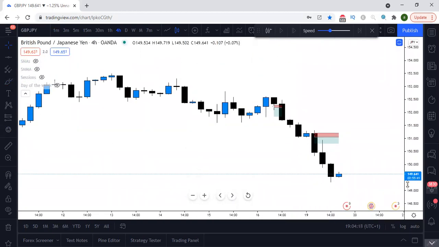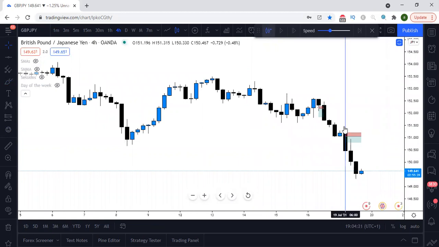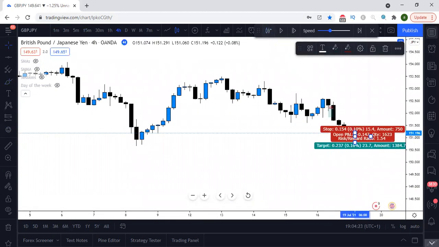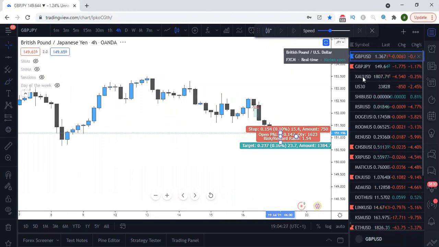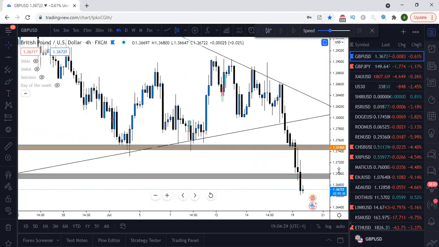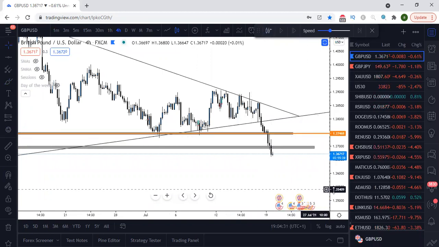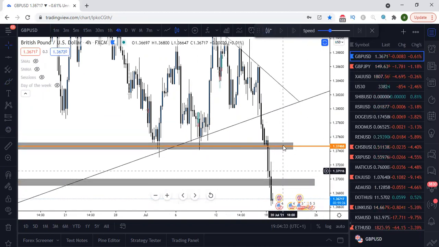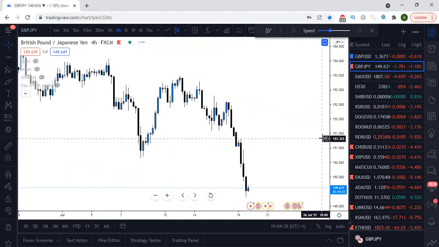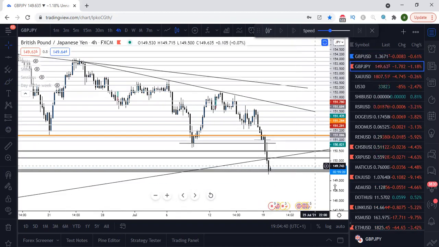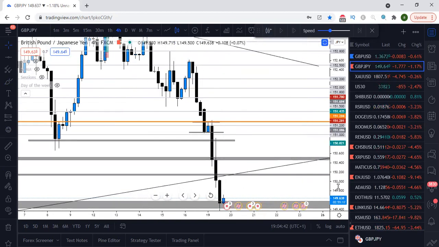Again, with this I'll just show the analysis that I did in the morning. If you look over here, these are the lines that I drew, these are the zones that I drew, and I was not looking for it to go up. I was just waiting for it to go down. Again, with GJ, I did my analysis over here.